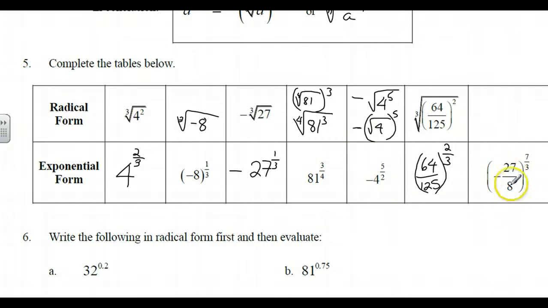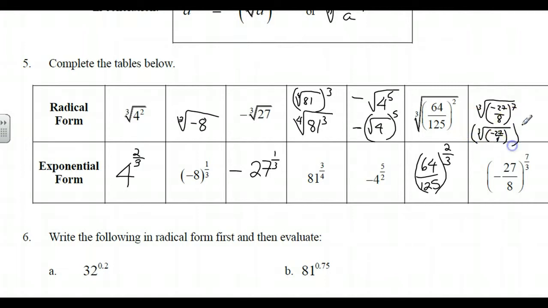Here, this negative is inside the bracket, so we are doing the cube root of -27/8 to the power of 7, or the cube root of -27/8.